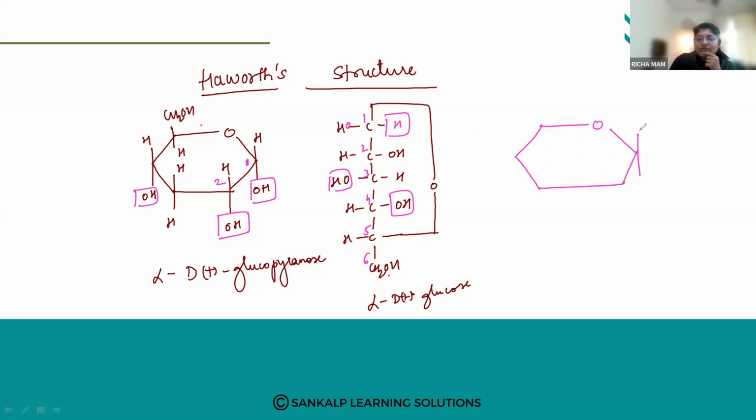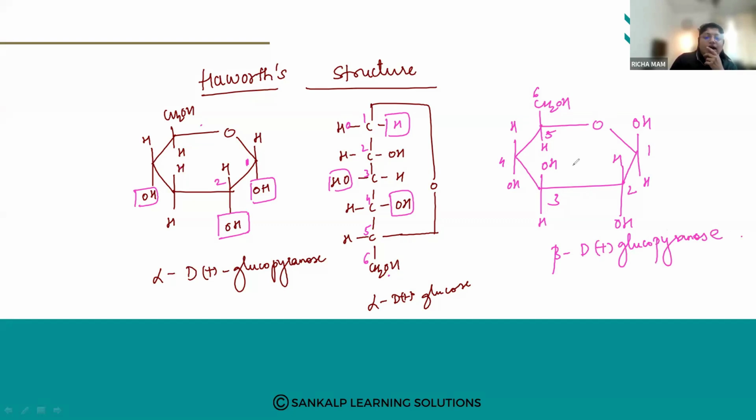Your OH will be above, H will be here, then H, OH, then OH, H, then H, OH, and here it will be CH2OH and H. So C1 carbon, C2, C3, C4, C5, and C6. Is it clear? This is our beta-D-glucopyranose.